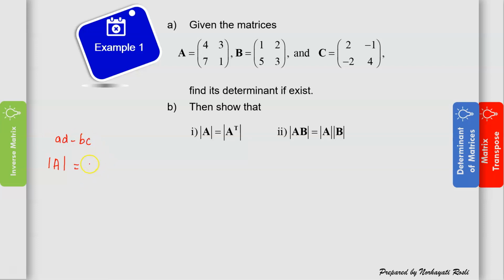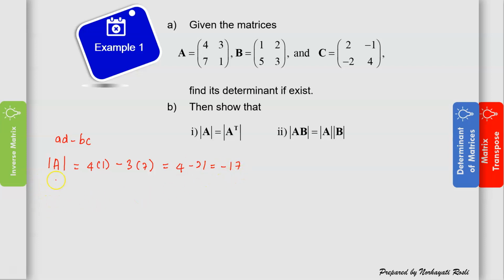So now our a is 4, d is 1 for A matrix. So we have 4 times 1 minus b is 3 and c is 7, so 3 times 7. So we have 4 minus 21, and the answer is negative 17.